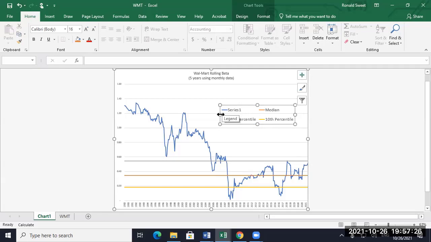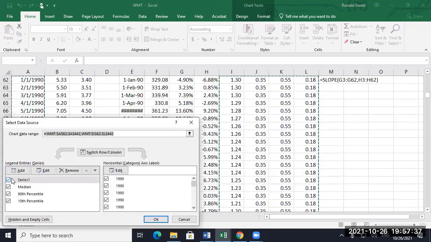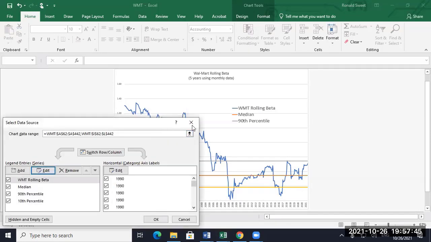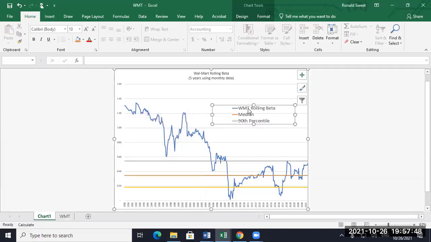Any problems with the legend? Is Series 1 a good title for that? No. So let's edit that. Again, Bill Gates. Don't know why he did that.